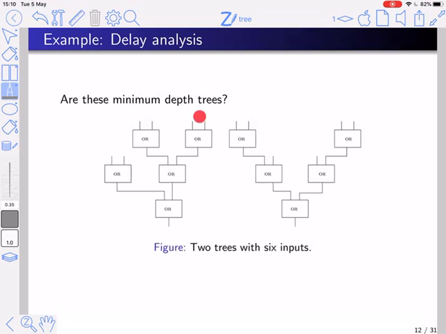They also have the same depth because the longest path here consists of 3 OR gates. And the question is whether you could find an OR tree over 6 inputs with smaller depth, namely a depth of 2. So this is the question. I'll leave this as an exercise. Make sure you know how to answer this question.